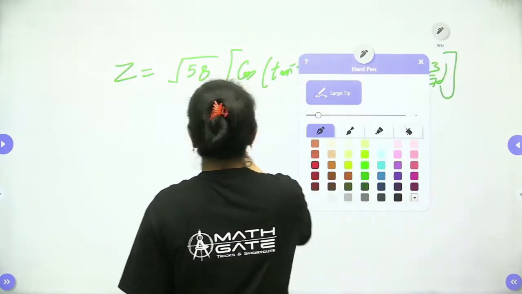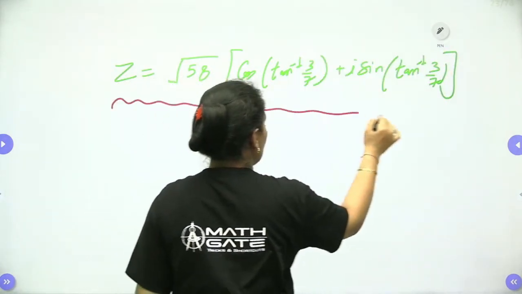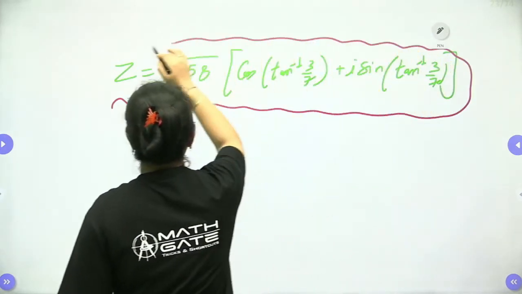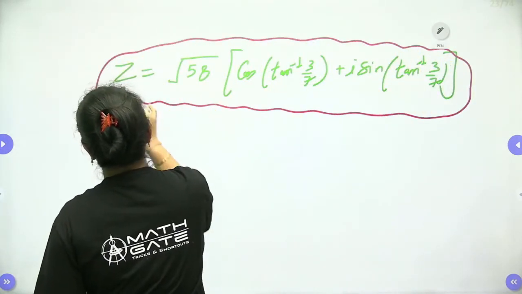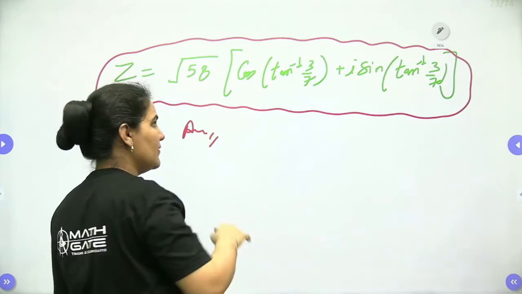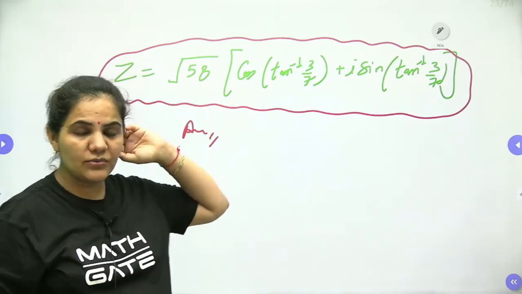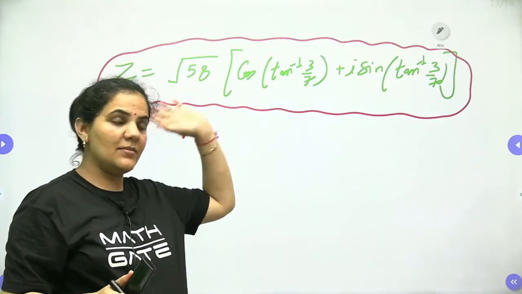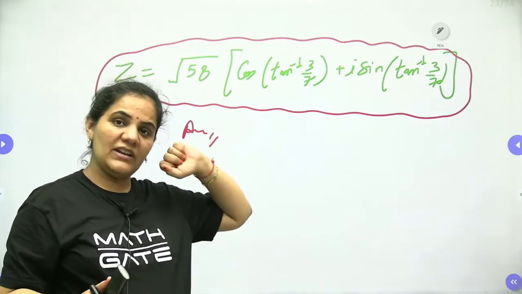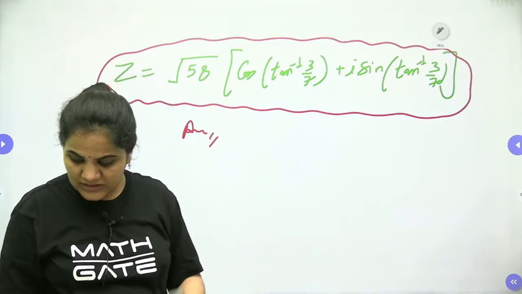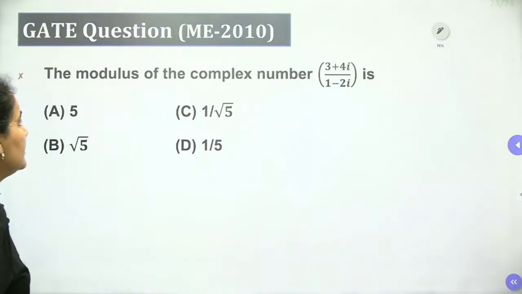Yes, exactly. So we can write down the answer here only. Clear guys? We can leave it here only. Why? Because we don't have the option. If we have the option, we can calculate the value of root 58, which will be in decimal. We can calculate the value of tan inverse 3 by 7 also. Okay guys, now done. Now let's approach more questions.